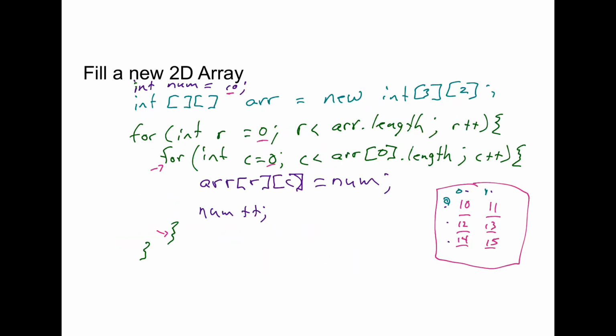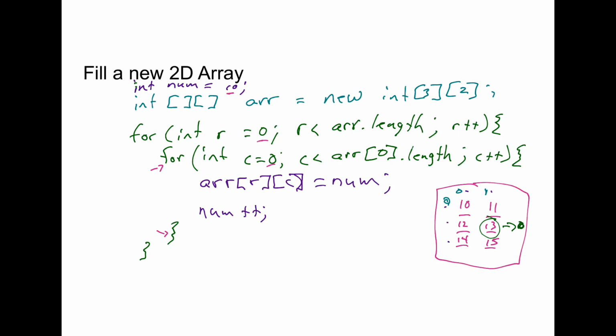And last but not least, this is pretty easy as well. We want to change a value in a 2D array. So for example, if I wanted to take a look at my table and I said, oh, this number is 13, I want that to be 0. So we're just going to take our row and column.